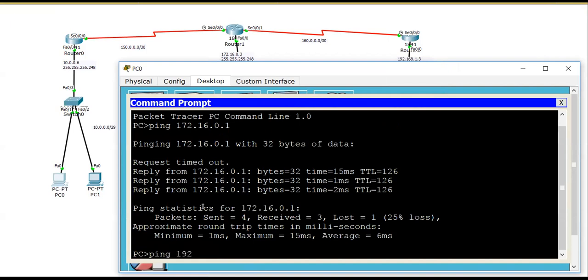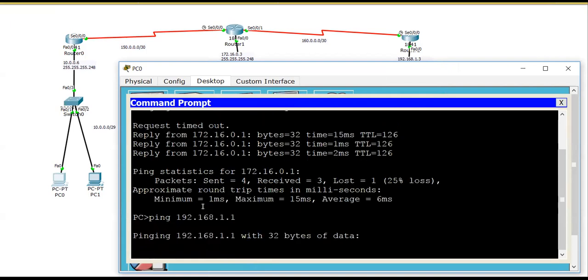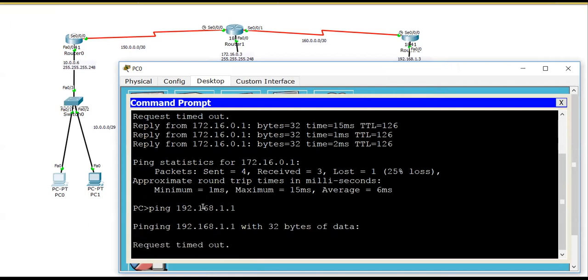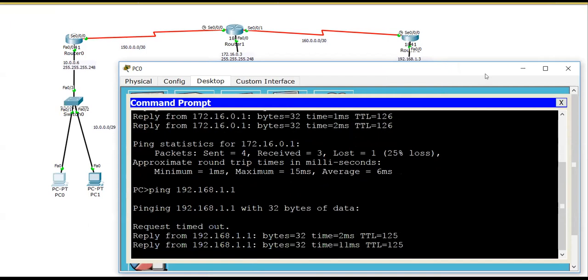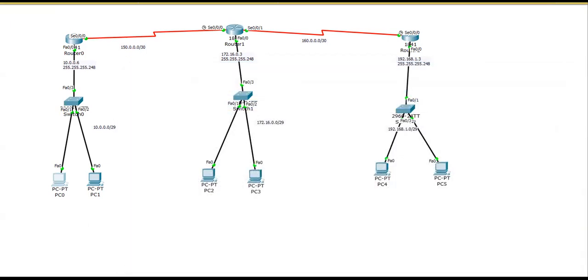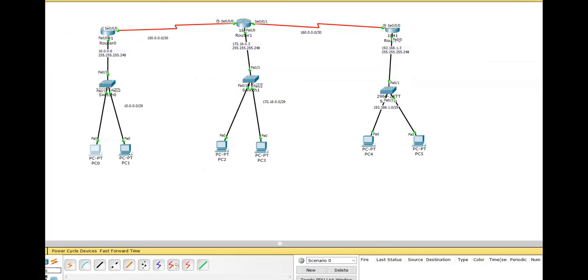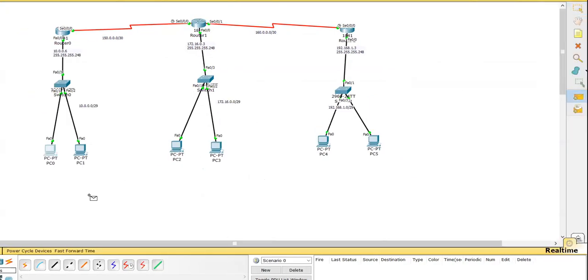Similarly, the first packet will fail for 192.168.1.1, but the next packets will be done. So you are getting the pinging. You can check this in this part also, like you can click on this and this, successful. You can click on this and this, successful.